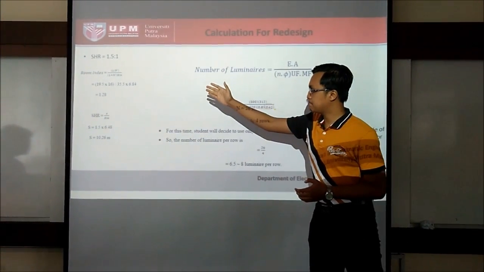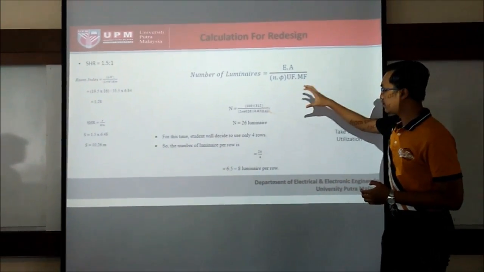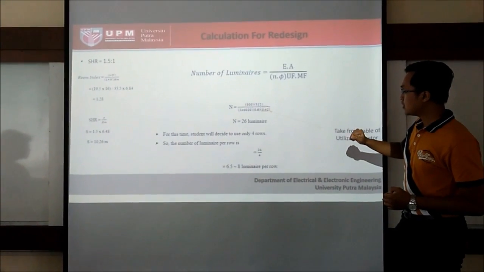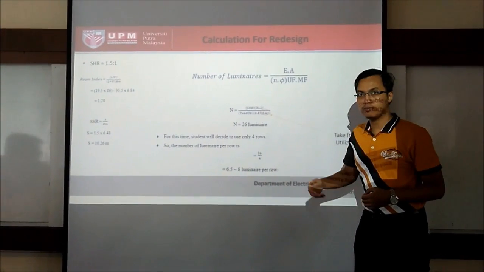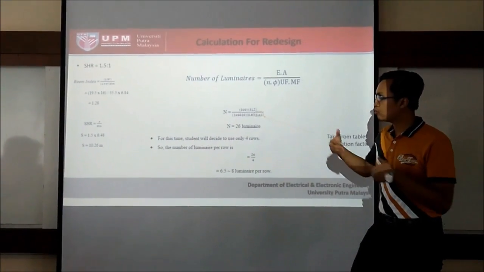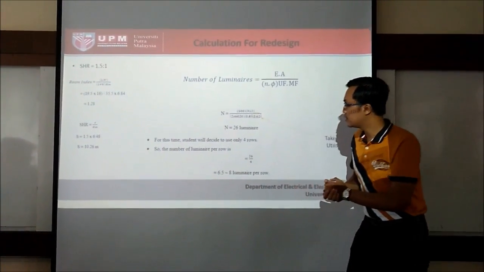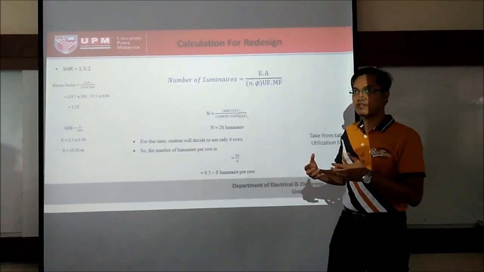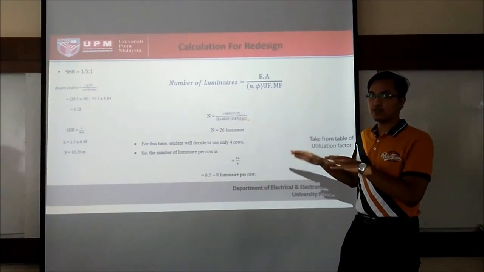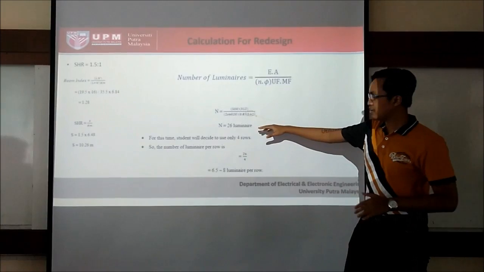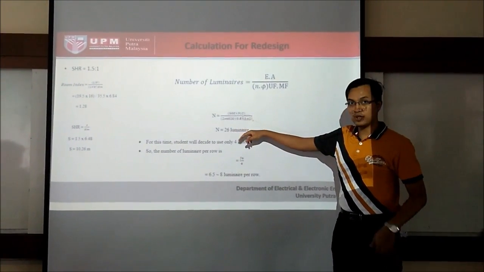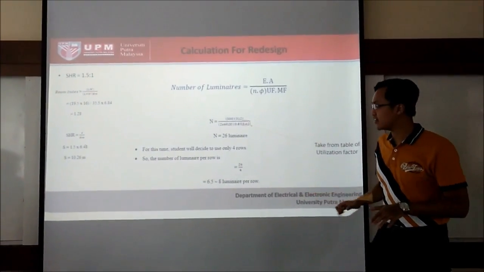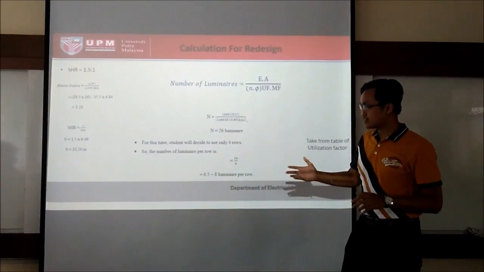After we got the room index, we can put it inside this formula to find out how many luminaires we need to use for that auditorium. Basically I use 500 lux as I mentioned before because it is the standard for the hall. So at the end of the day we only need to use 26 luminaires to cover the whole target area. Okay, next slide.